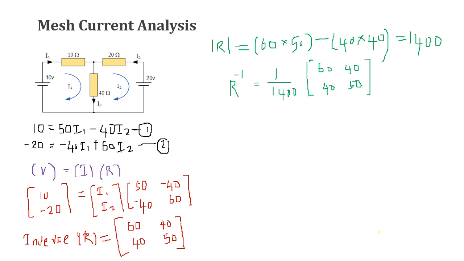So here the I matrix will be equal to the V matrix into the R inverse matrix.